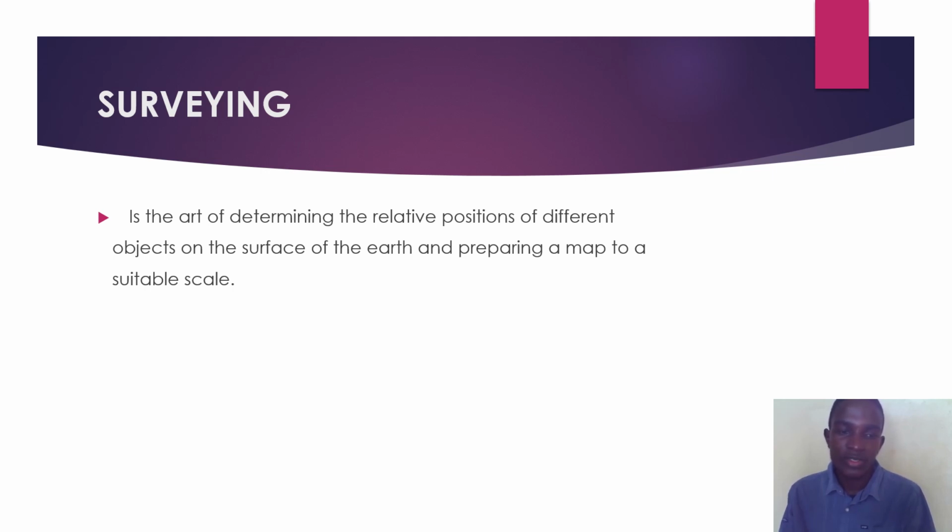This simply means we determine the positions of an object on the surface and the relative distances between these objects, and using a suitable scale, we put these objects on a map which a person can easily interpret for easy understanding.